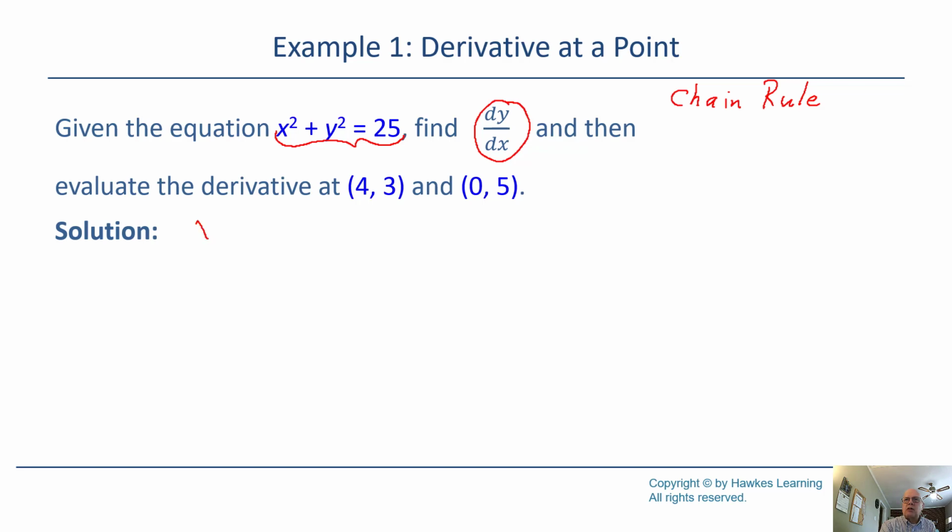So first of all, we'll start out with the original equation. And we're going to differentiate, but all the way through we're going to think about the chain rule. So if I look at this first one, x squared, we've got an x inside. The x, remember, itself can be considered a function. We're going to look for dy/dx, so we're differentiating with respect to x. So our derivatives will have dx in the bottom. Keep that in mind.